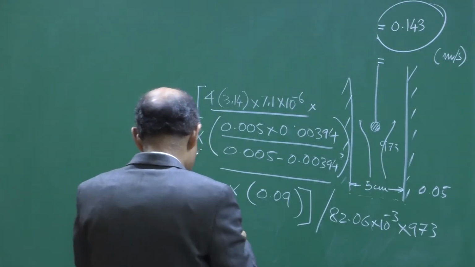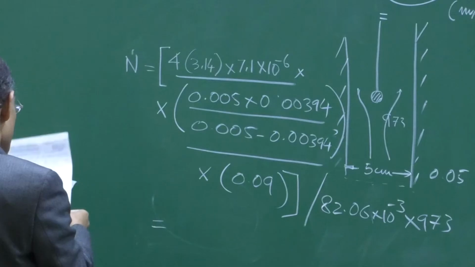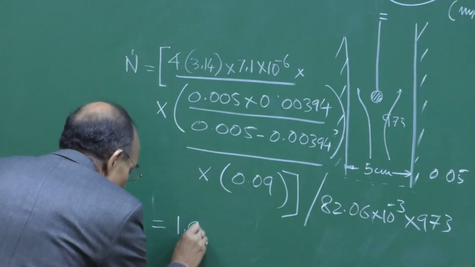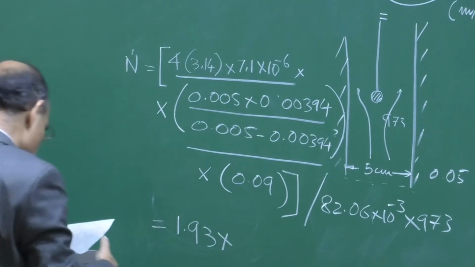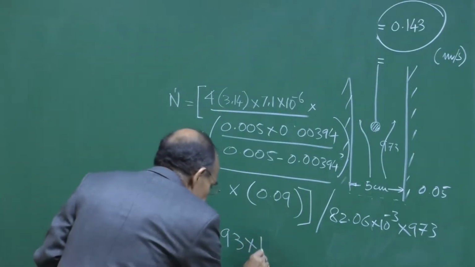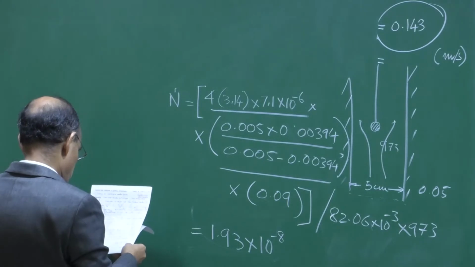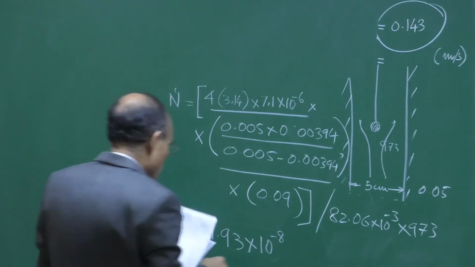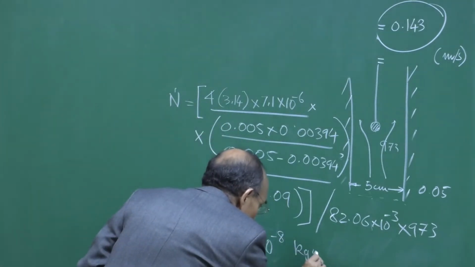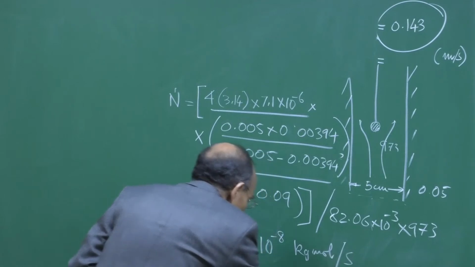And this value comes out to be 1.93 into 10 to the power minus 8 kg mole per second.